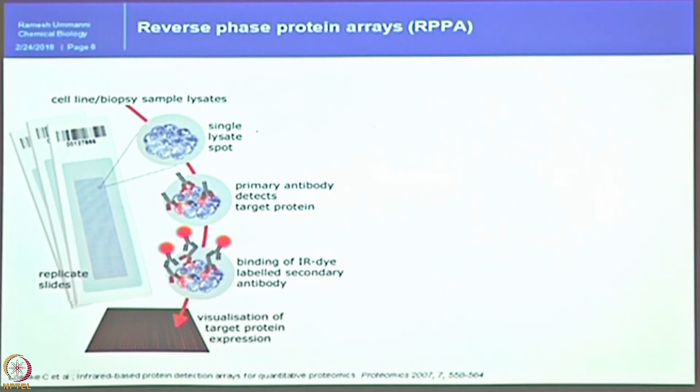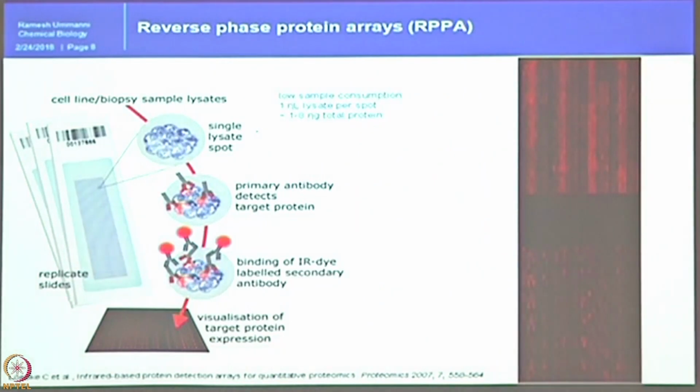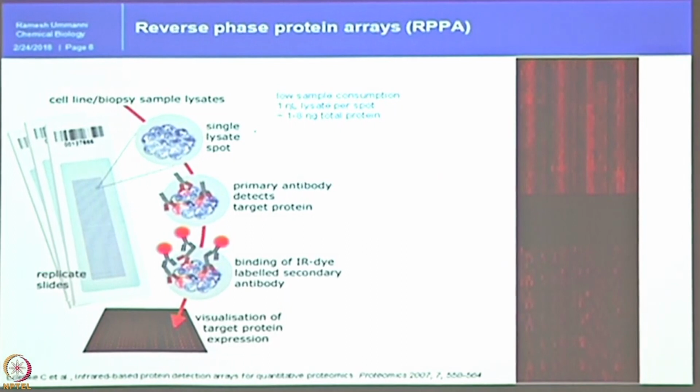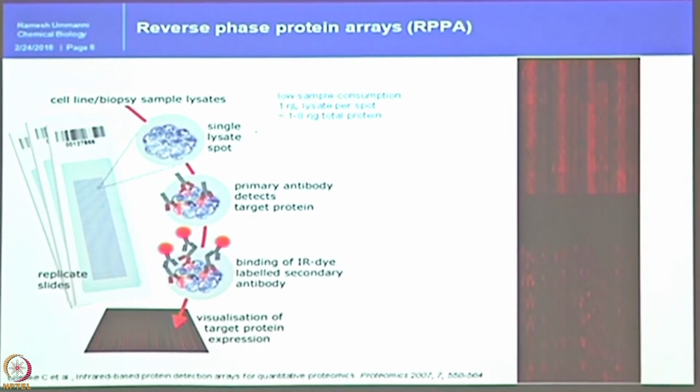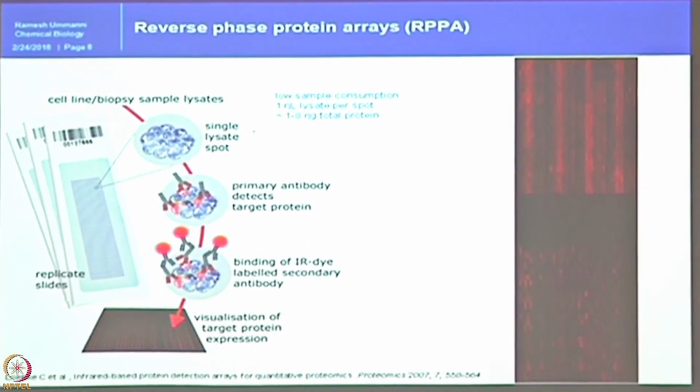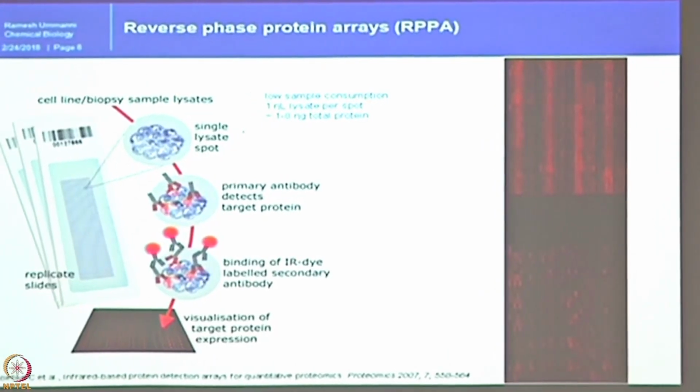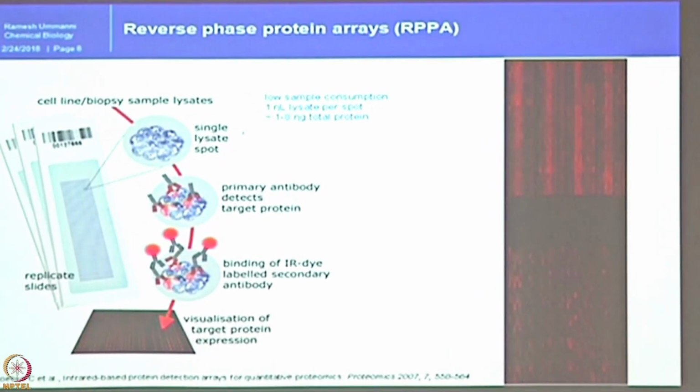Once we spot it, we use a primary antibody to detect, and then visualization. After that the array gives this kind of data, and then we proceed to data analysis. The advantage here is that one spot requires only a low volume of sample, we spot only 1 nanoliter. Think about it, from 1 nanoliter you can quantify one protein.